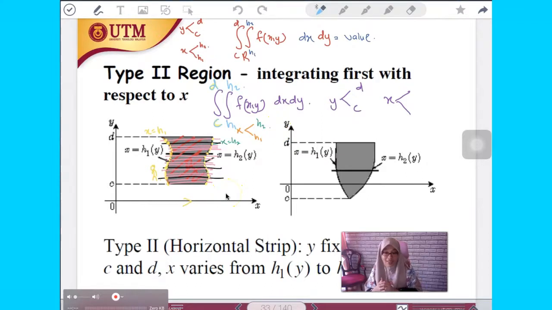I want to ask you to be mentally prepared for this. I'm not saying that this one is very tough, but according to my previous students, they always get comments from their seniors that this subject is very tough, especially when you have to do the multiple integral and so on.